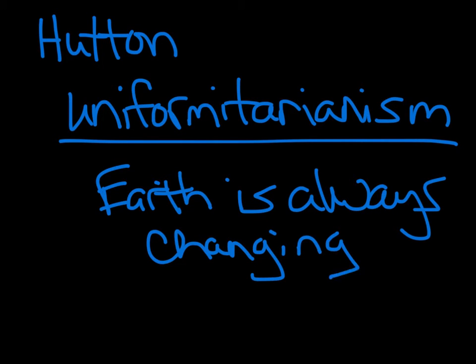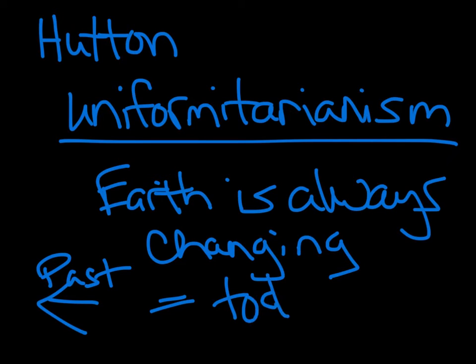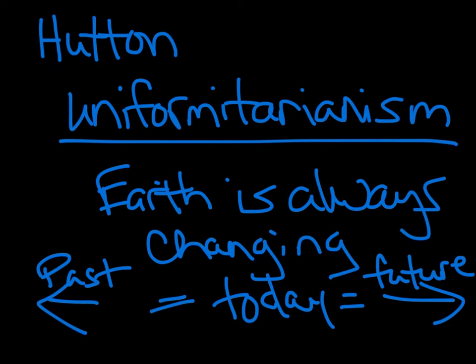But it's also the idea that the forces at work way back in the past are still the same ones happening today, and they're still the ones happening into the future. This theory is also the basis of modern geology.